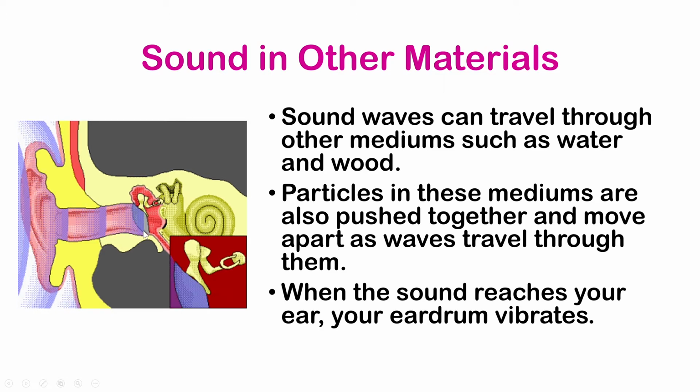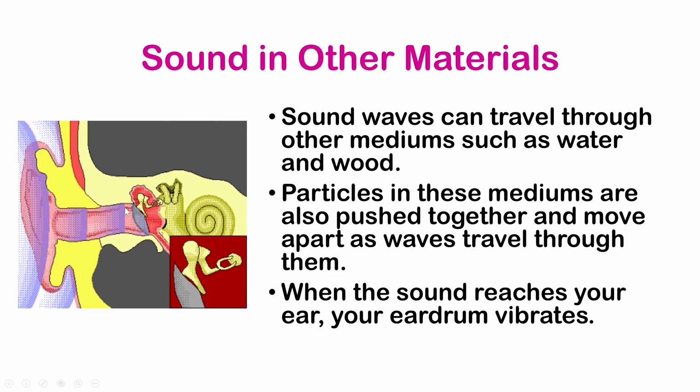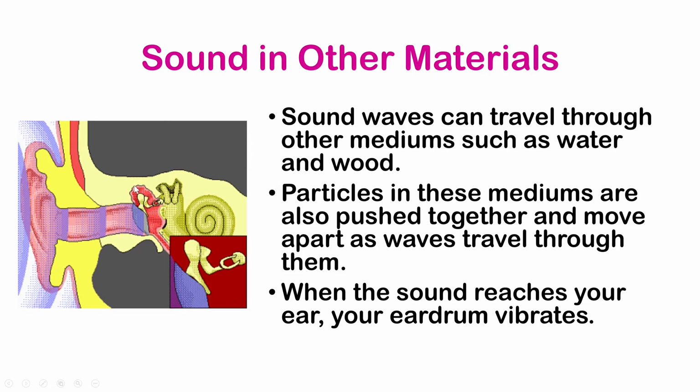So right here, where my cursor is, that gray looks like a diamond. It's just a flat surface here. That's your eardrum. And so your eardrum literally moves and vibrates. And if we zoom in on this area beside the eardrum, we have the system of bones.